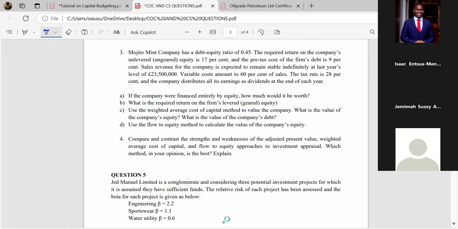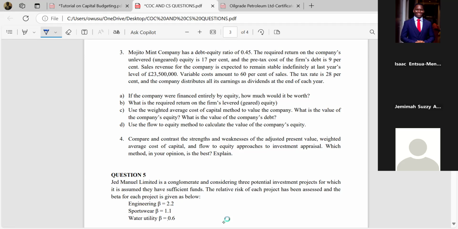Required return on the company's unlevered or ungeared equity is 17%. And now they say you should calculate the required return of the firm's levered equity, or cost of equity. So in this particular case, you have to use Modigliani and Miller's cost of equity approach because the firm is an ungeared firm and we want to determine its geared cost of equity.